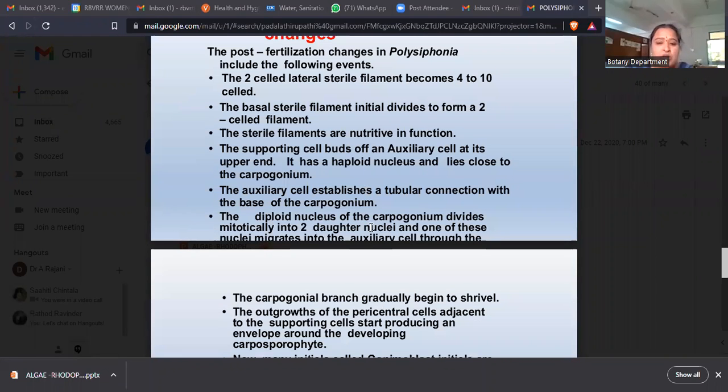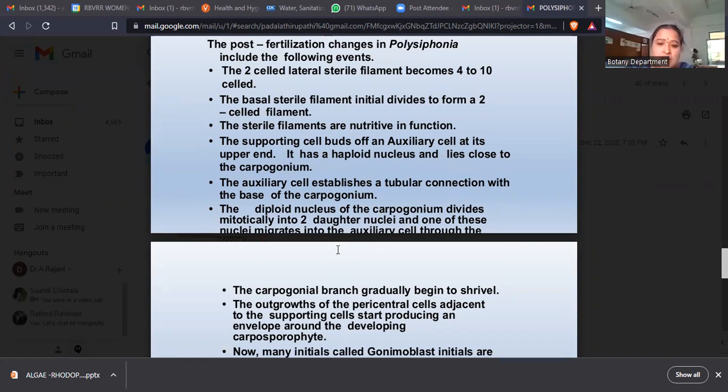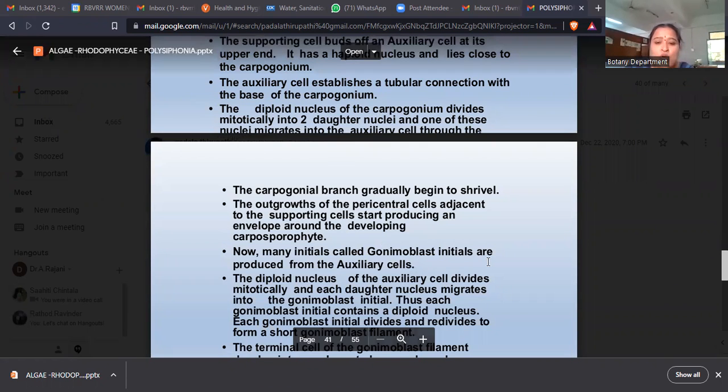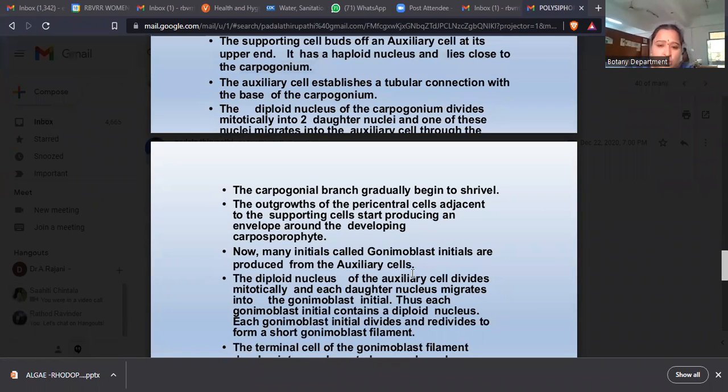That diploid nucleus divides mitotically to form two daughter nuclei, and one of these nuclei migrates into the auxiliary cell. This auxiliary cell forms what is called the gonioblast. Now many initial cells form, the gonioblast initials.